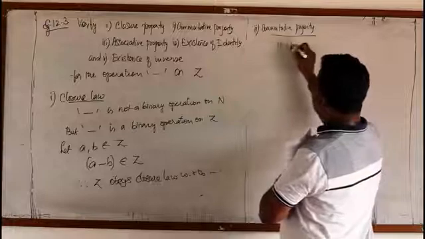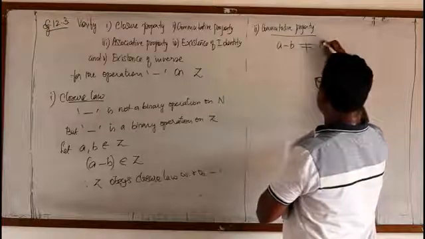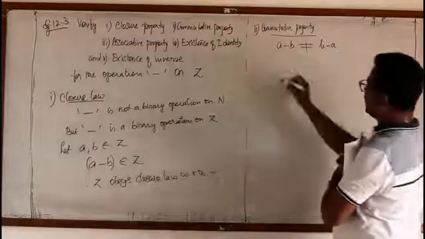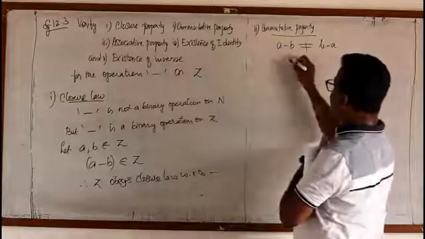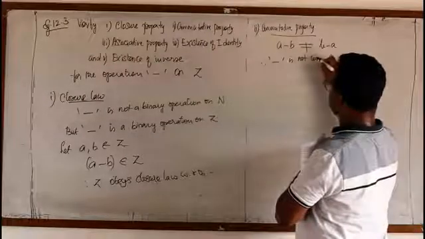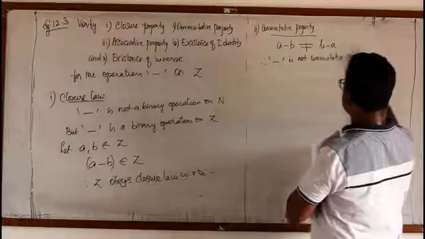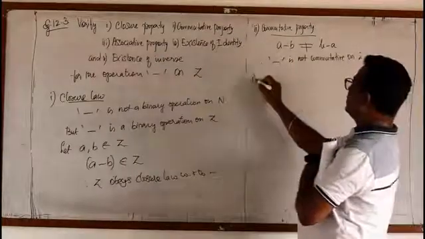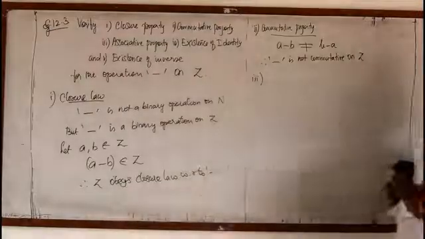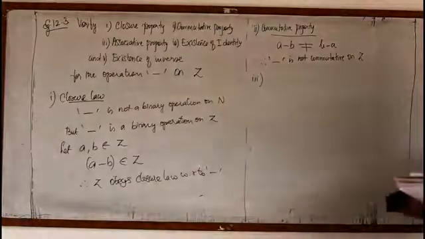a minus b definitely won't be equal to b minus a. Therefore, minus is not commutative on Z. So we know the commutative property is not obeyed by the minus sign.